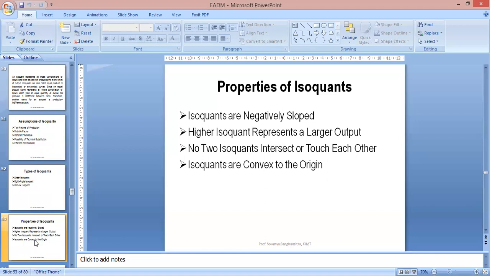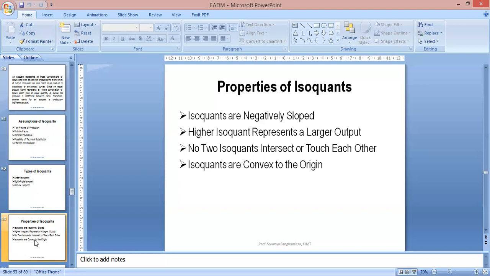Then our next point is higher isoquants represent a larger output. A higher isoquant is one that is further from the point of origin. It represents a larger output that is obtained by using either the same amount of one factor and a greater amount of the other factor, or a greater amount of both the factors.